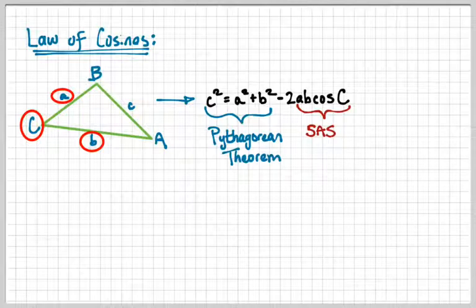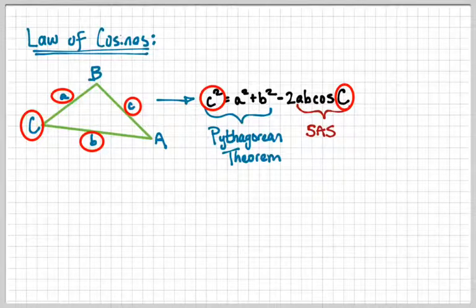The other thing to notice, and this is what I try to remind my students of, is the only common letter in this triangle is C, angle C, and side C, which are at the front of the equation, side C, and at the end. In our triangle, that's what you're dealing with, the two C's.